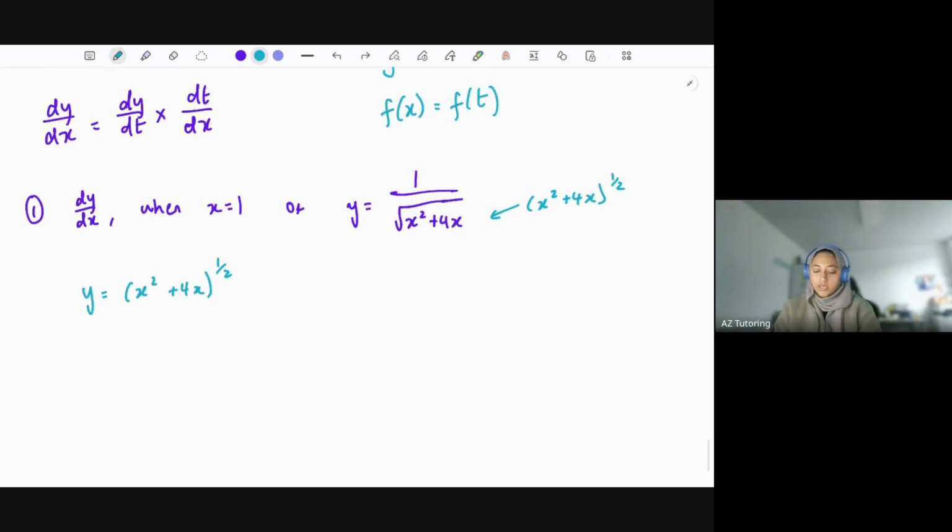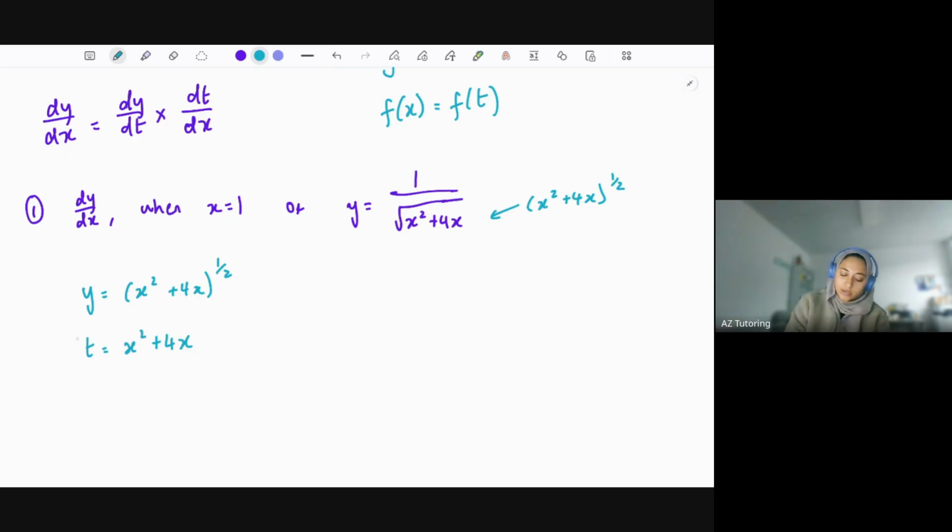So we need to define a new equation, and this new equation I'm going to call t. So I'm going to say let t equal this thing here, so x squared plus 4x. So I've just defined a new function t in terms of x.